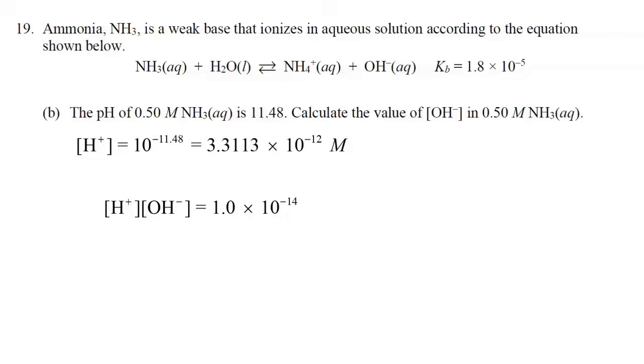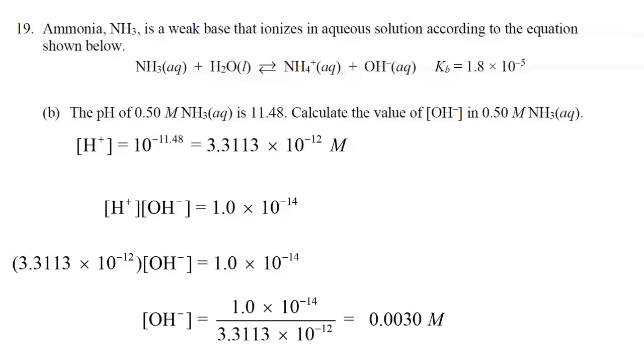Since we already know the concentration of H+ is 3.3113 times 10 to the negative 12, I'll take that value and solve for the concentration of hydroxide by doing 1 times 10 to the negative 14 divided by 3.3113 times 10 to the negative 12. When I do that math, I get the concentration of hydroxide, which is 0.0030 moles per liter.